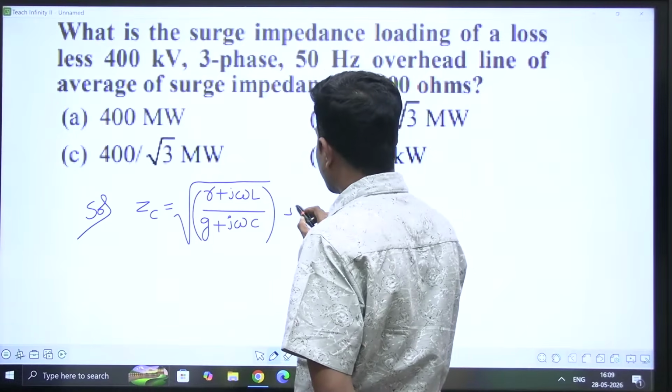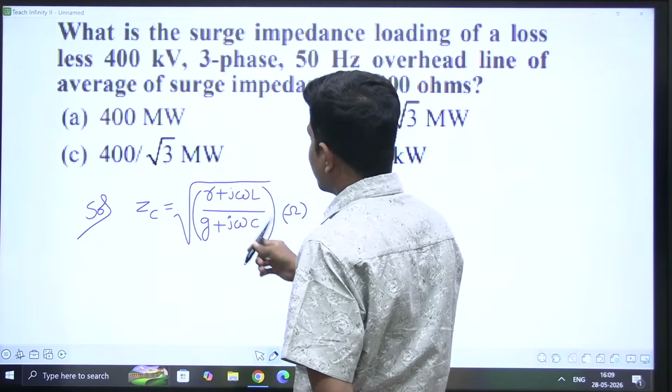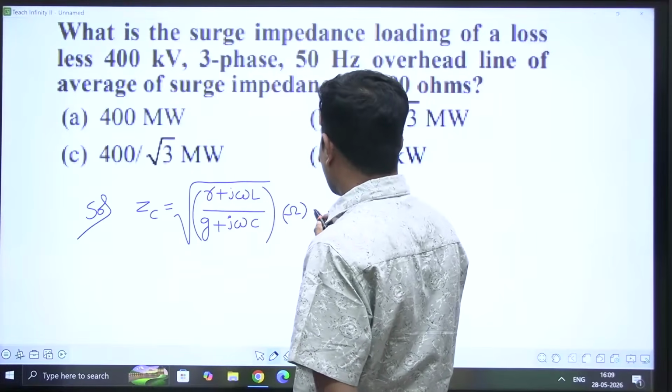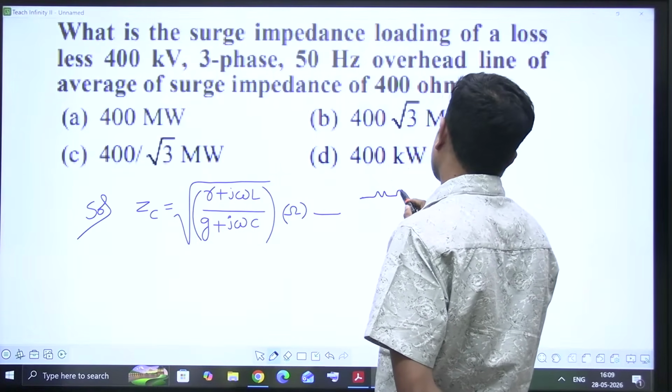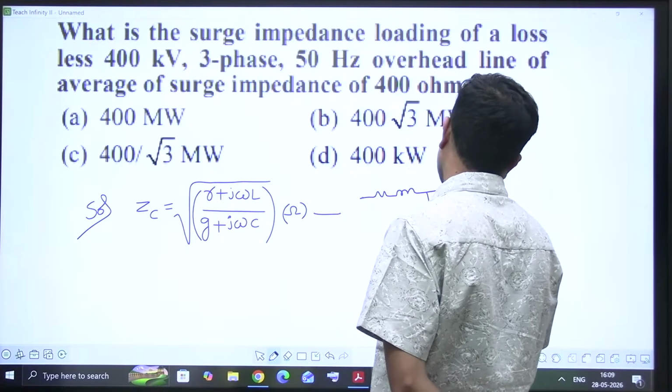This is for a lossy line, meaning the transmission line has resistance. When do I have to apply this formula? If a transmission line is given as a distributed parameter model.